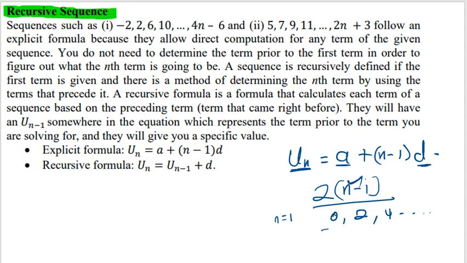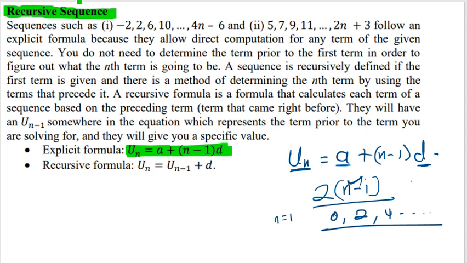So you can see that I can form the sequence even without first knowing my common difference or my first term. Whenever the formula is in this form, that is just the general explicit form.